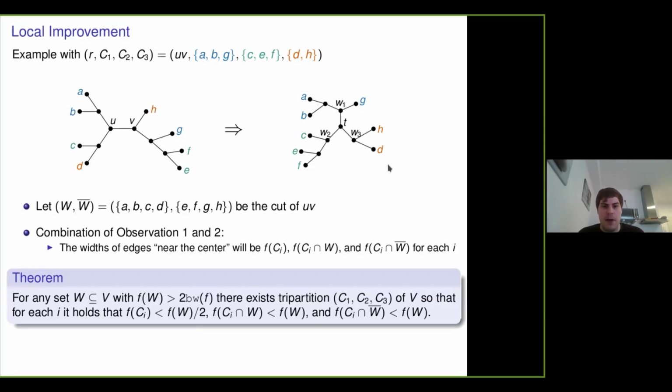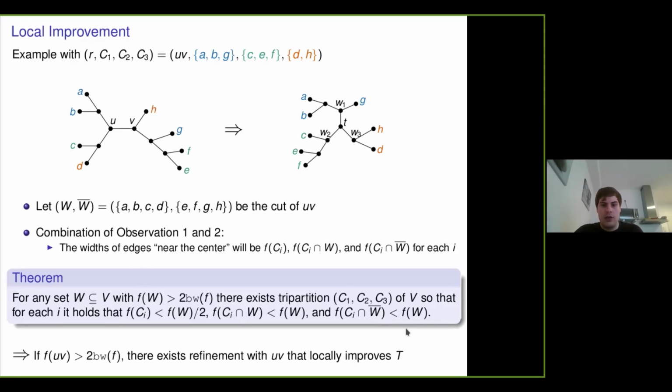And what we prove is that for any set W, where W is like this edge here, there exists this kind of tripartition C1, C2, C3 of V, so that f of C_i is smaller than f of W divided by 2, and f of C_i intersection W is smaller than f of W, and f of C_i intersection W bar is smaller than f of W.